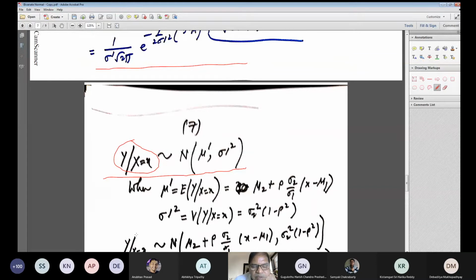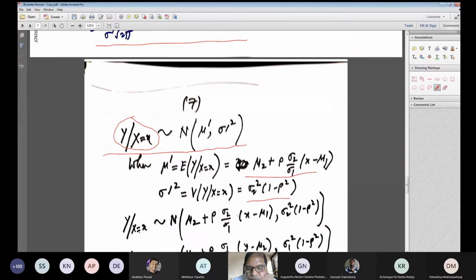And similarly, sigma dash square is the variance of this quantity, which is sigma 2 square times 1 minus rho square. So this is the mean, this is the variance.